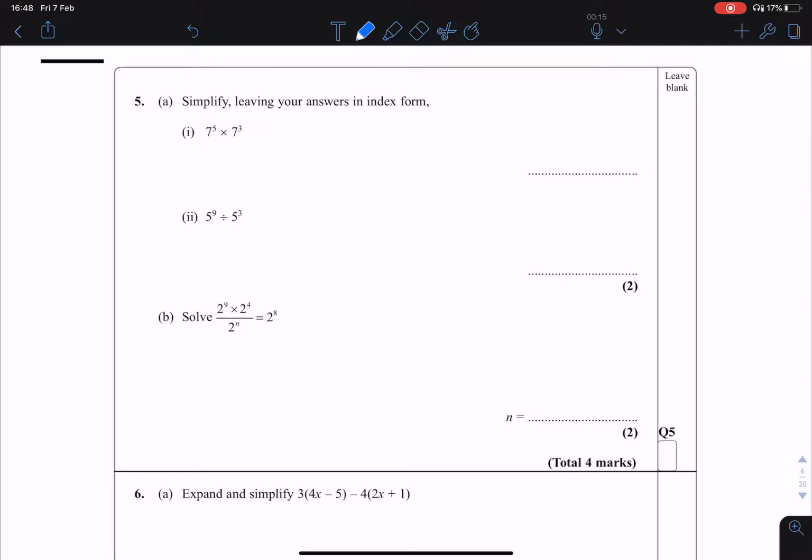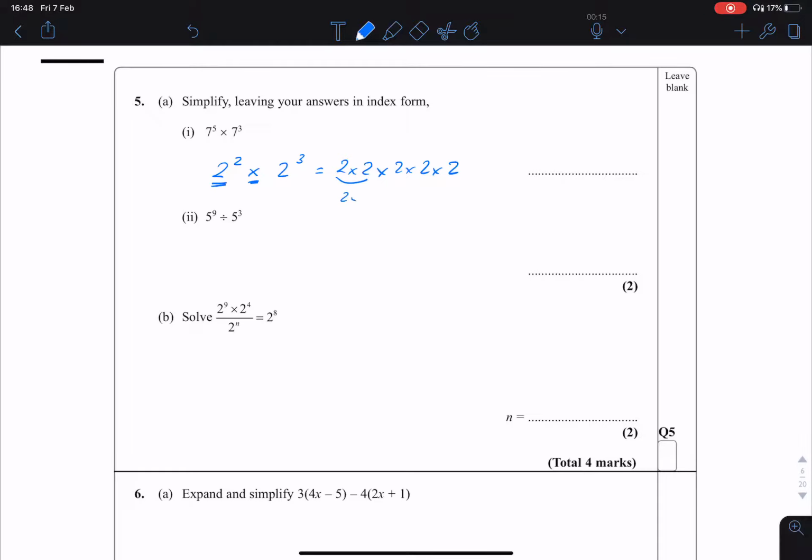Simplify this in index form. Okay, so if I have any number, let's take 2 to the power of 2, and I times it by the same base, 2 to the power of 3, that's the same as saying 2 times 2 times 2 times 2 times 2.